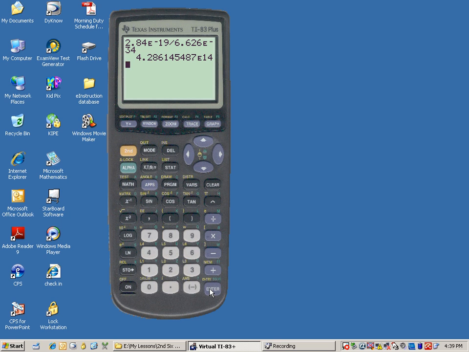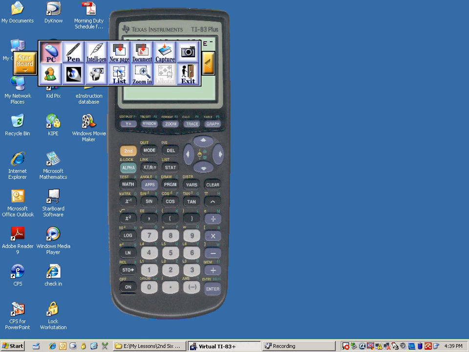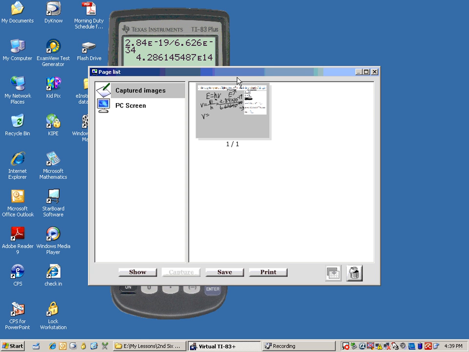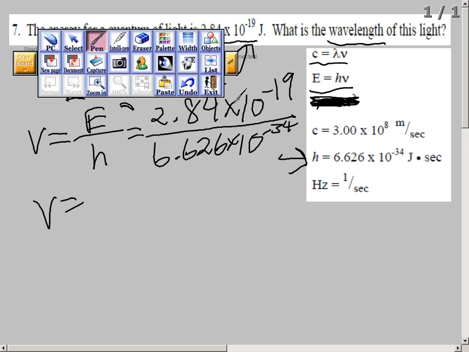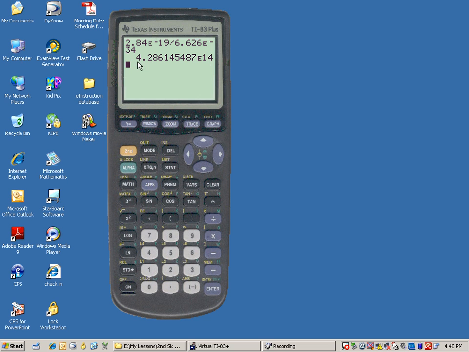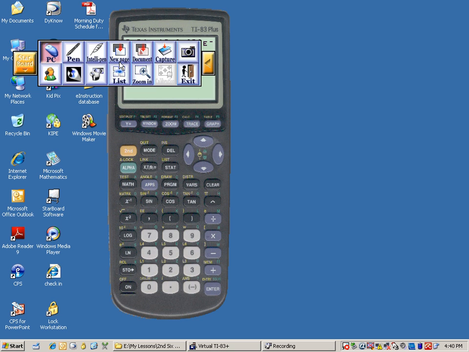4.28614, and so on. We don't care about that. We round it. Round it to, let's say, the hundredths place. So when we round it to the hundredths, it would be 4.29 times 10 to the 14th. Remember, look at our answer here. Rounded this to 4.29, and E14 at the end here means it's times 10 to the power of 14.